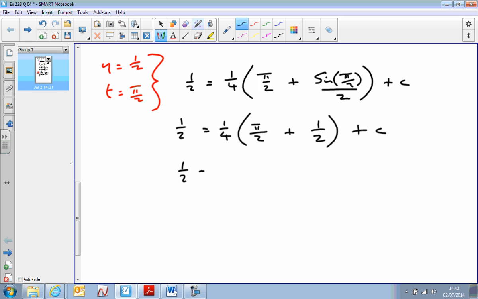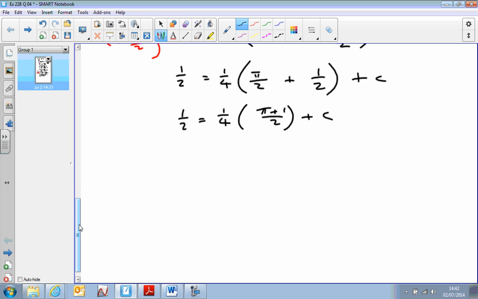So a half equals a quarter pi over 2 plus a half, well that's like pi plus 1 over 2, plus c. We can use a calculator to work it out, but numerically, what I might do now, just for the interest, is if I multiply through by 4, I'd get rid of this quarter here.